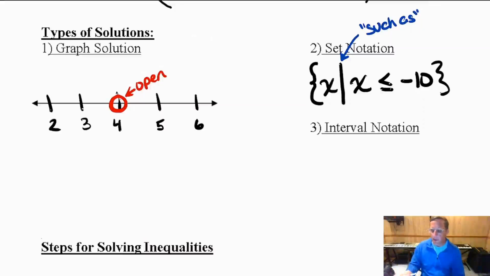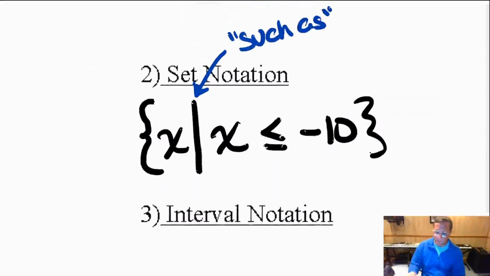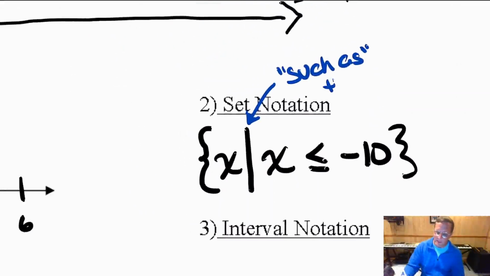So when we express that particular inequality in set notation, we're going to say x is all numbers such that x is less than or equal to -10.